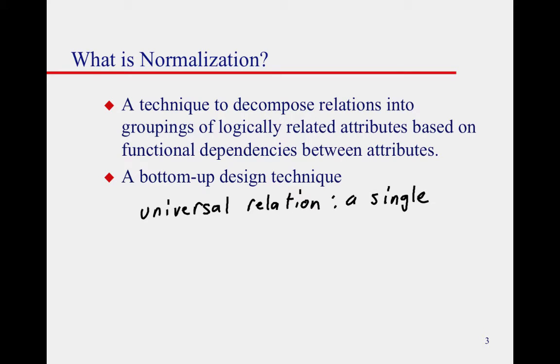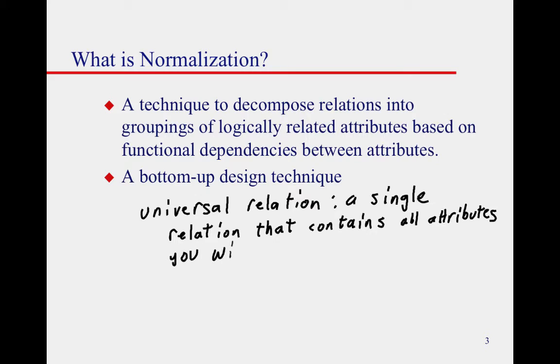So you jam all the information together into a single relation that contains all attributes you wish to store. And then the idea with normalization is that you decompose this universal relation into the final set of relations that you want.